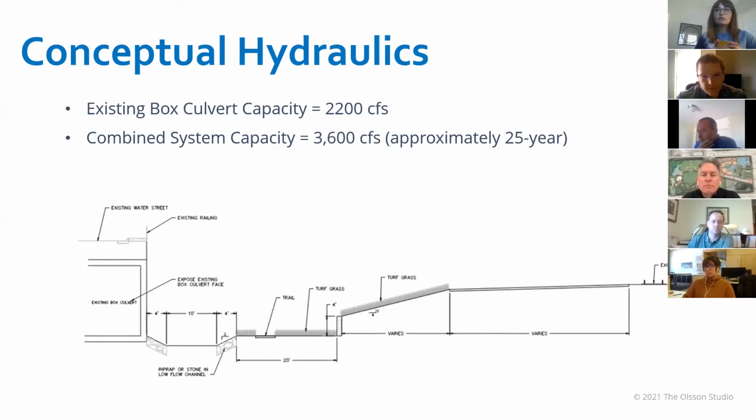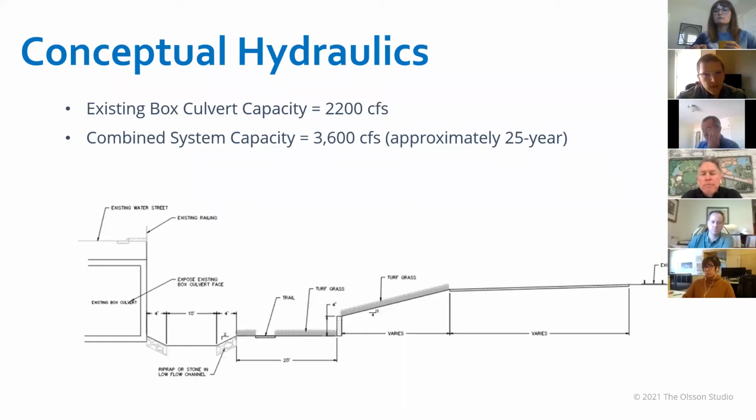So this would be like that section between Campbell and Boonville. You see the railroad tracks on the right and the box culvert on the left. And again, just to provide context of what that cross-sectional area might look like. Other than that, we're obviously not married to anything in this schematic here.